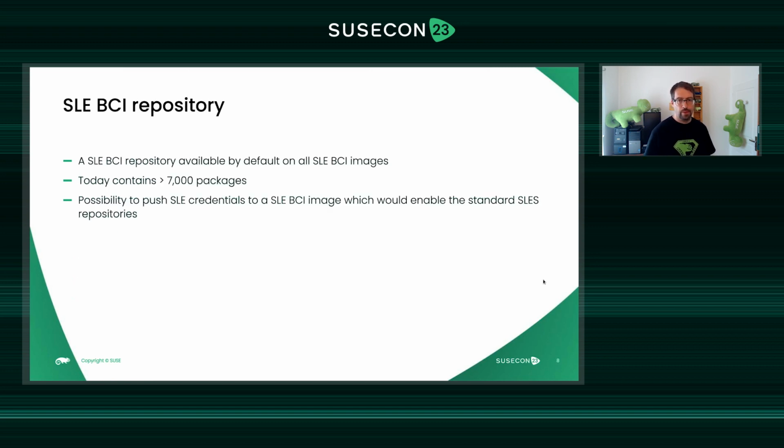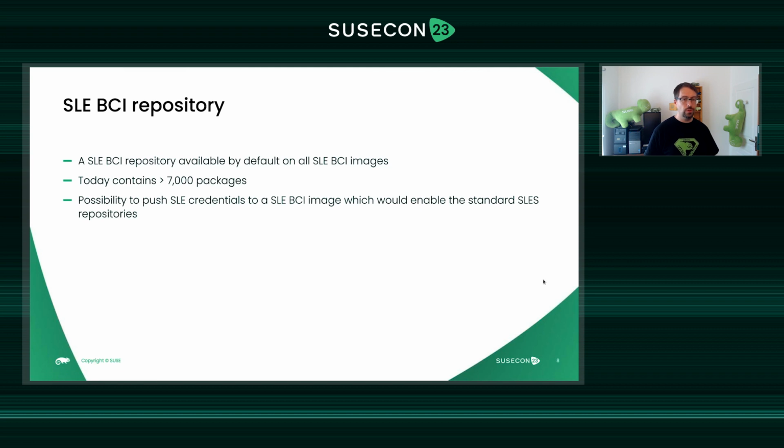As I said earlier, we have this set of OCI containers, but just that is not enough, because usually you need to install additional packages in those containers. For that, we have what we call the SLE BCI repository, which is available by default on all the SLE BCI images.